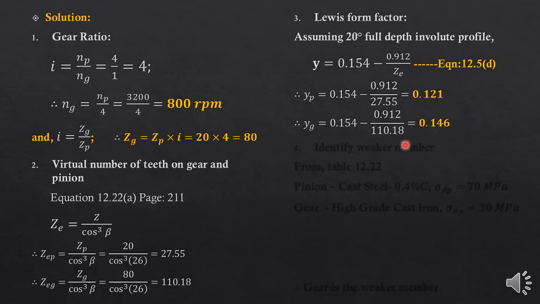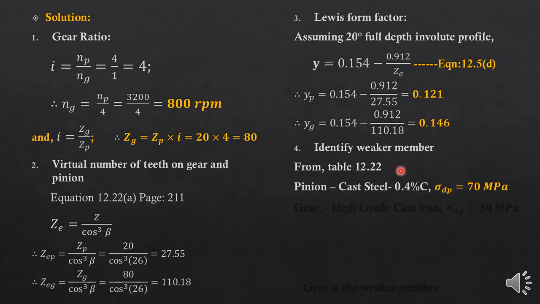Alright, now that we know the Lewis form factor, we can go ahead and decide which is the weaker member among the pinion and the gear. As usual, from the table, but you need to know the allowable static stress, isn't it? Now, in the problem statement, it is mentioned that pinion is made of cast steel, 0.4% carbon, untreated. From table 12.22, you see that for this material, the allowable static stress value is 70 megapascal.